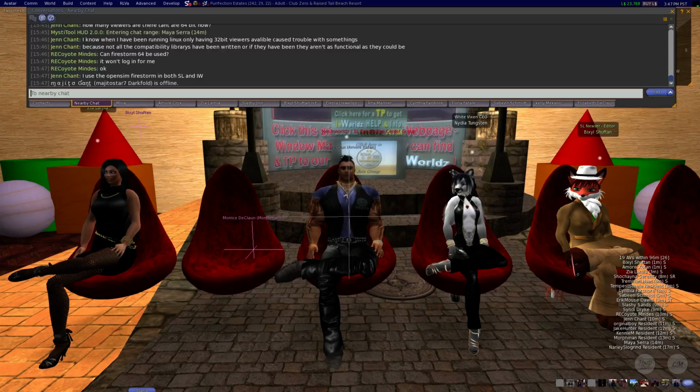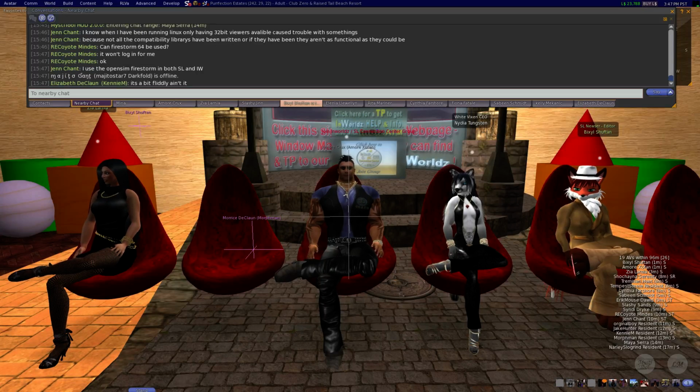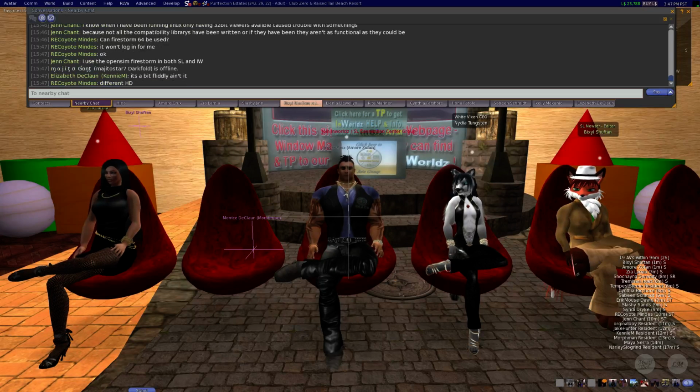So you have to rename the OpenSim Firestorm differently and have it come out of a different part of your computer in order to have the two Firestorms on your computer. If you don't do it that way, the OpenSim Firestorm will likely kick out the viewer for SL.